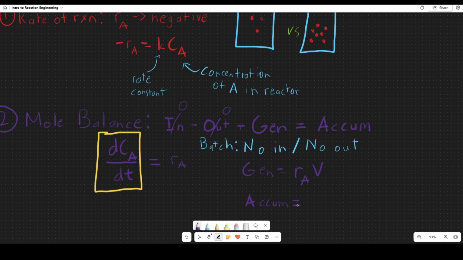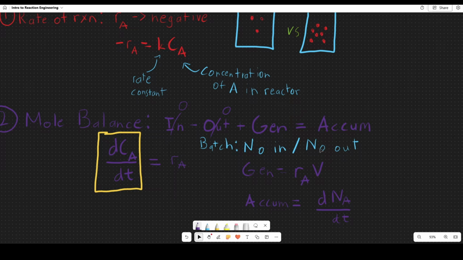And accumulation is nothing but dNA by dt. Accumulation by itself implies that something is not steady state. Whatever comes in is not coming out. There's some backlog happening that is causing the number of moles to increase at some point in that reactor.